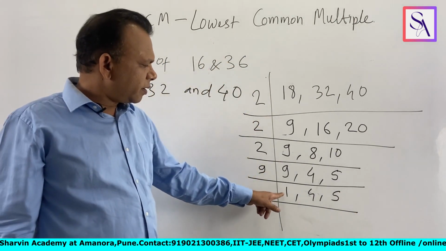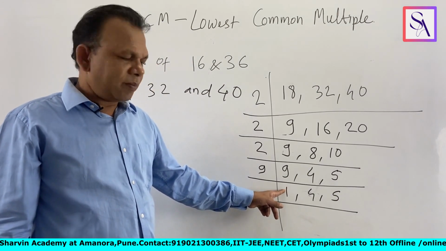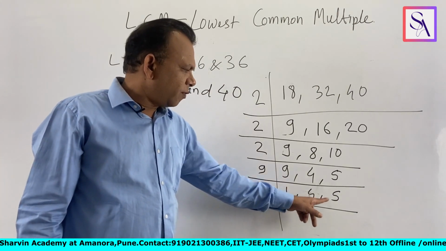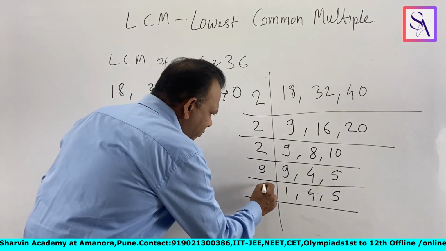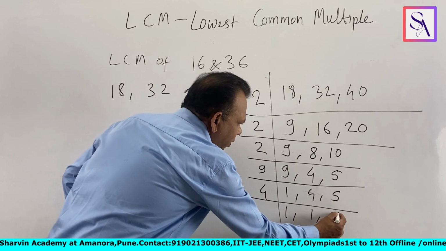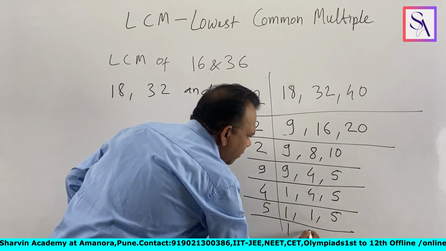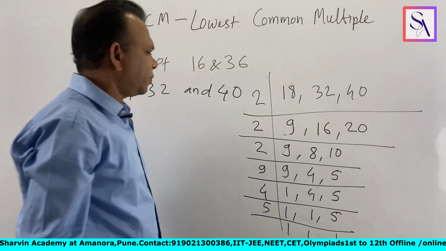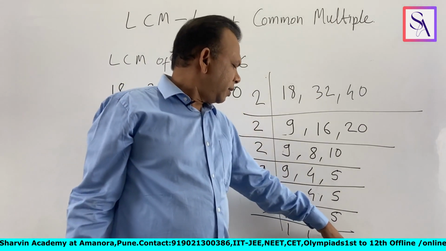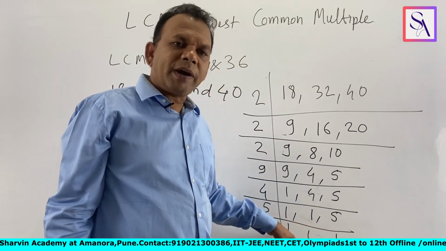So 1 is there. This is our aim. We should bring 1 at the last step. Then 4 and 5 are balanced now, so I will divide by 4. 4 1s are 4, 5 as it is, and then 5 1s are 5. So all three 1s came here, right? Everywhere 1 came. That is our aim.